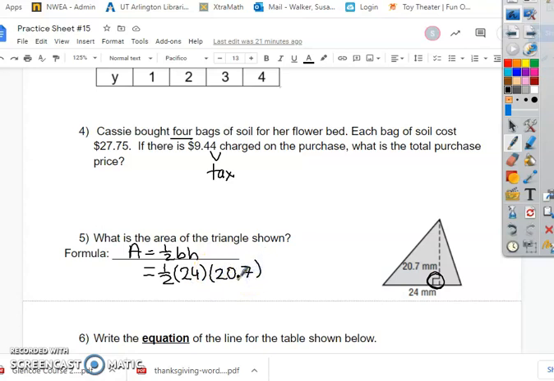Half of 24 is what I would do. What's half of 24? 12 times 20.7. So this is your job. I want you to multiply this. You multiply that for me, okay? And whatever you get, it will be millimeters squared.